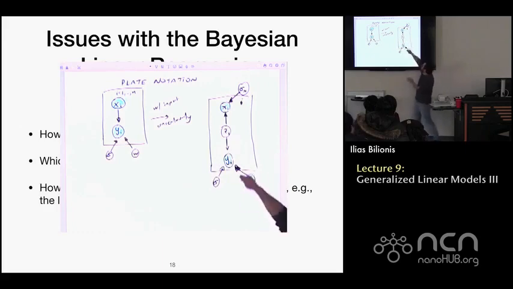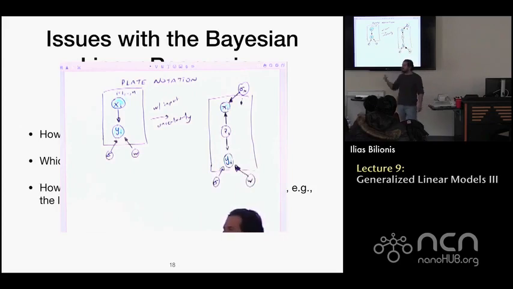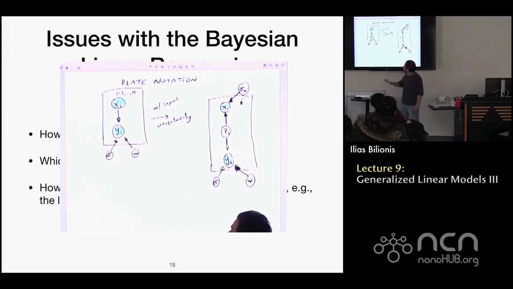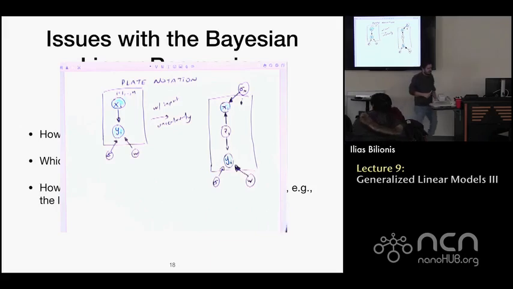If you make this relationship between Z and X deterministic, for example, I have zero noise and can control the inputs to my experiment perfectly, then this model will be exactly the same as that model, because it wouldn't matter that you have this arrow right here.